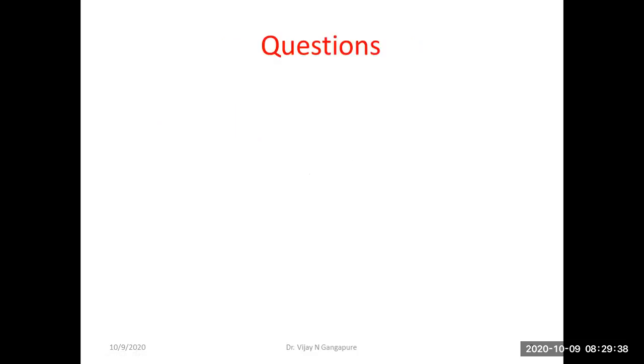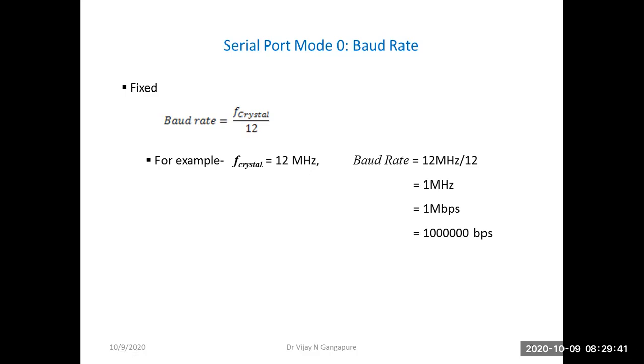We are not going to study programming in mode 0, because our interest is in asynchronous reception and transmission of the serial port of the 8051. So we are going to focus our study on mode 1 onwards, or more specifically on mode 1, because mode 2 and mode 3 are 9-bit UART modes. Mode 1 is the 8-bit UART mode, in which the number of data bits to be transmitted or received is 8.